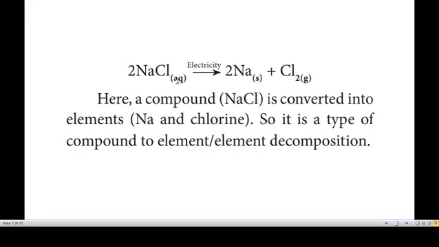This is an aqueous solution, this is solid, then gas. The compound NaCl is converted into elements, sodium and chlorine. So it is a type of compound to element decomposition.